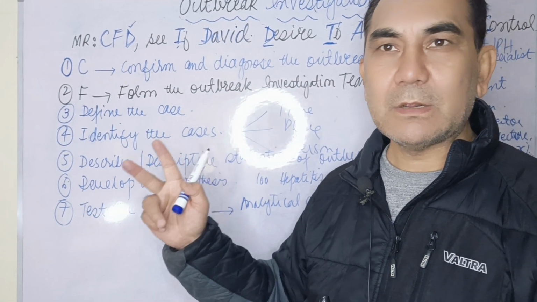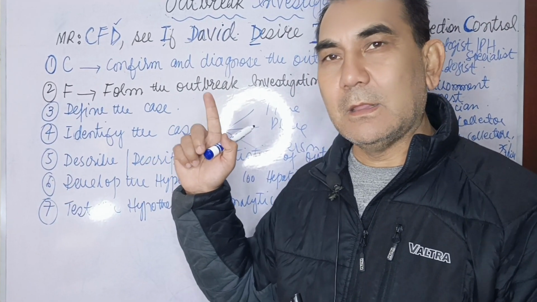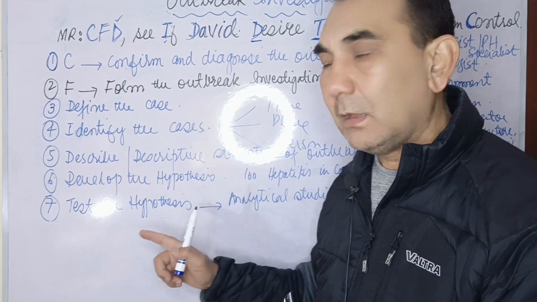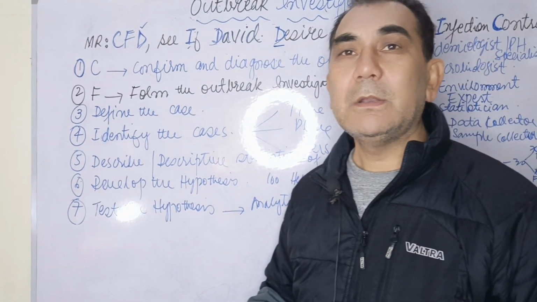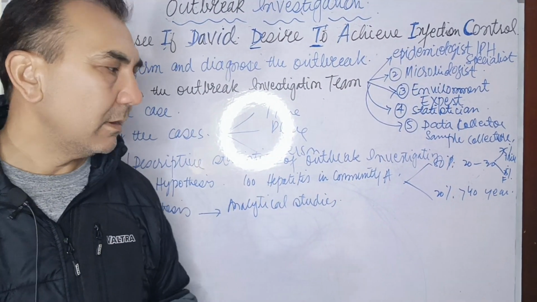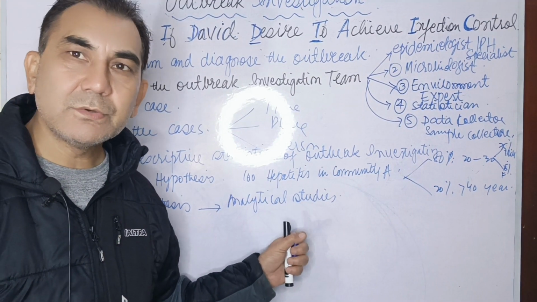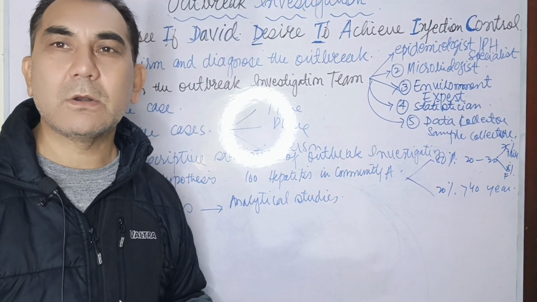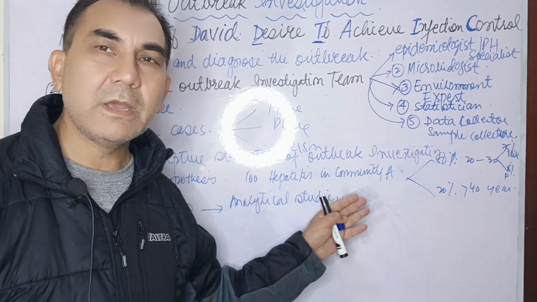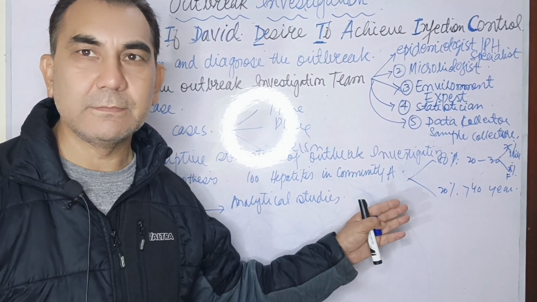A cross-sectional study design you can conduct in two forms, in the descriptive way and also in an analytical way. And the third one, you can also conduct an experimental study design, but mostly it is case control, cohort and cross-sectional analytical by which you can prove your hypothesis.